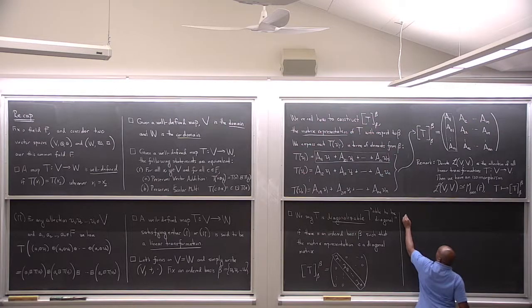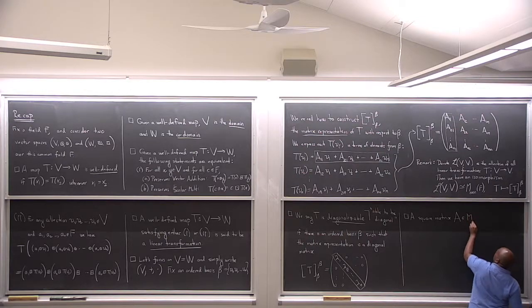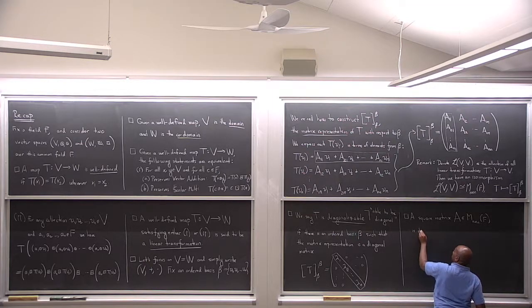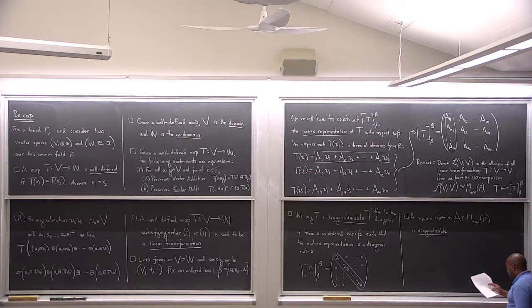In a very similar way, we say that a square matrix A is diagonalizable if we can find a basis.